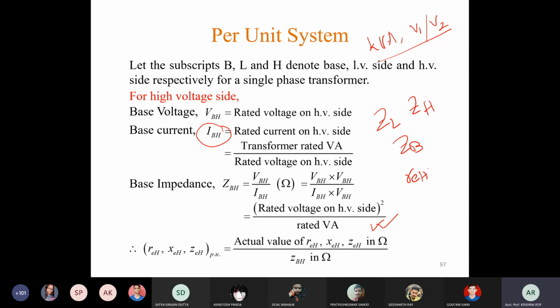REH is actually RH plus RL into NH by NL whole square. We have referred this RL to the high voltage side.